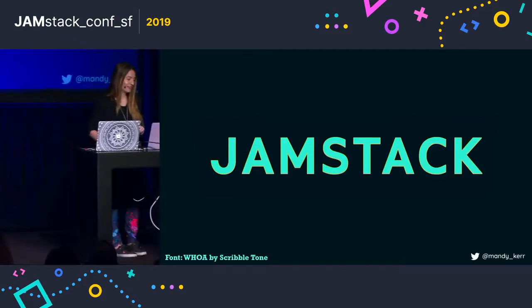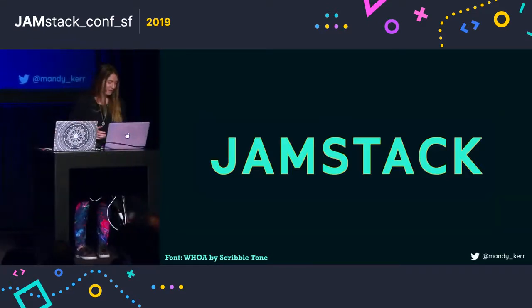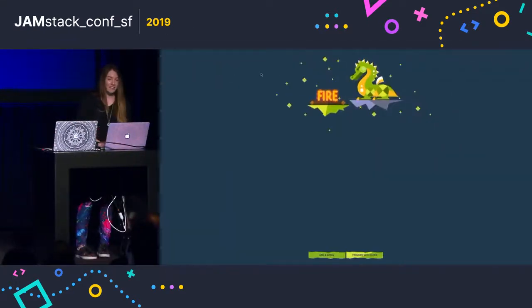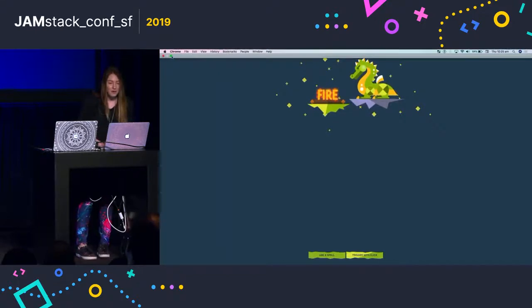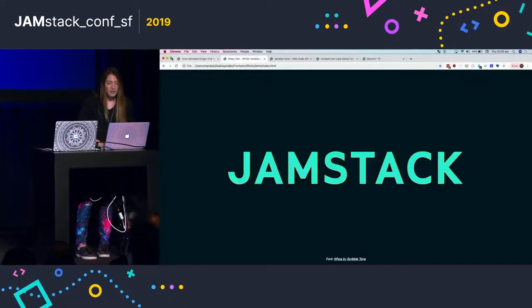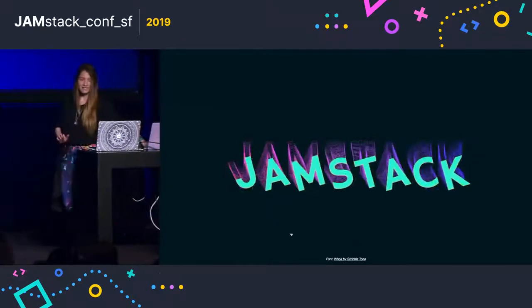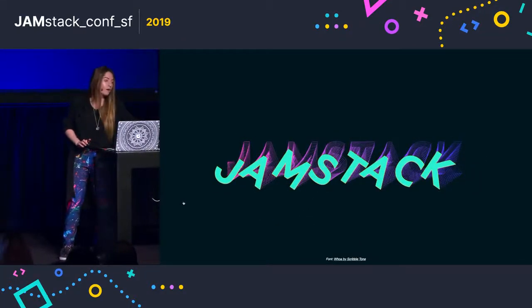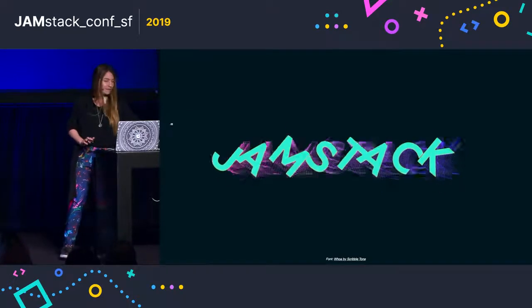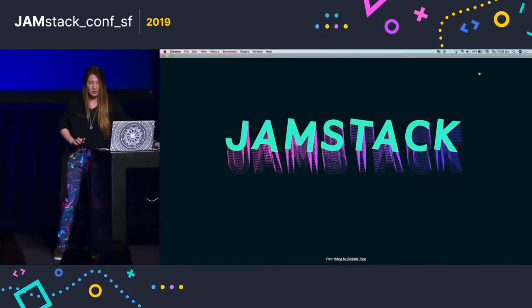This one, I could have shown you a video of this, but I really, really love this example. So I'm going to show you it for reals. So this is called Whoa by Scribbletone. I'm not even joking. That's literally what it's called.